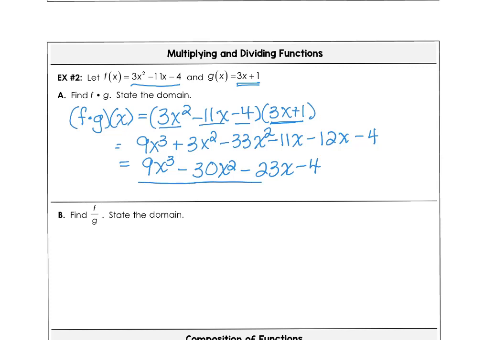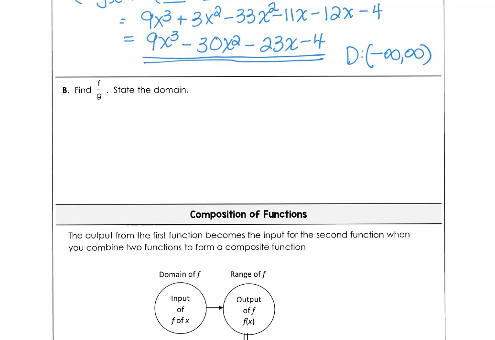So our product of f times g is a cubic polynomial, and the domain is going to be all real numbers for our product.